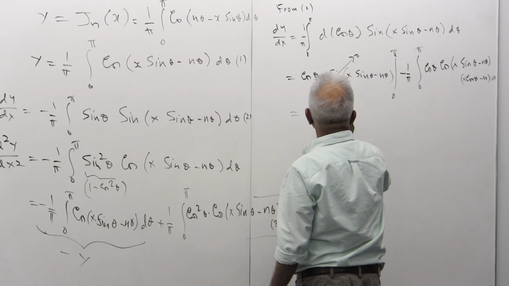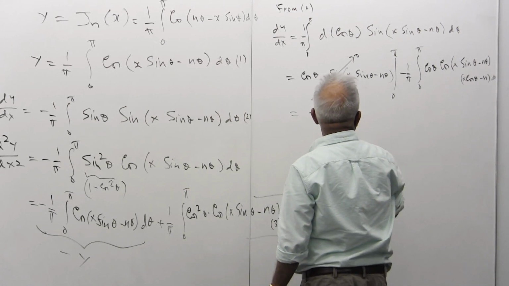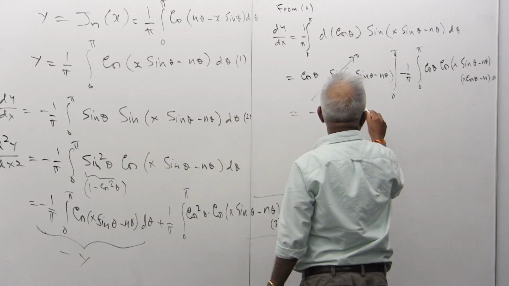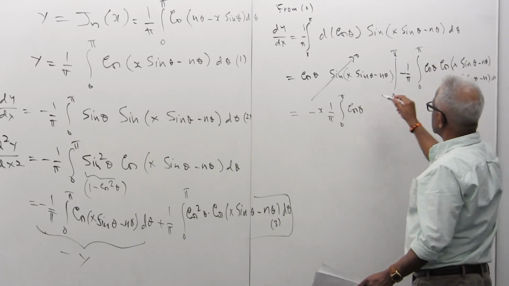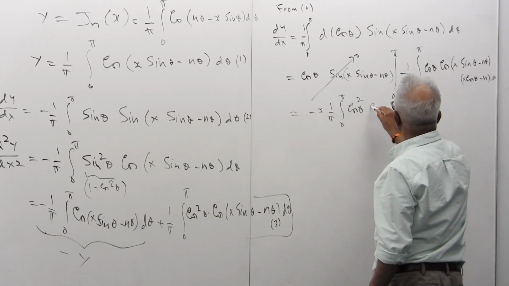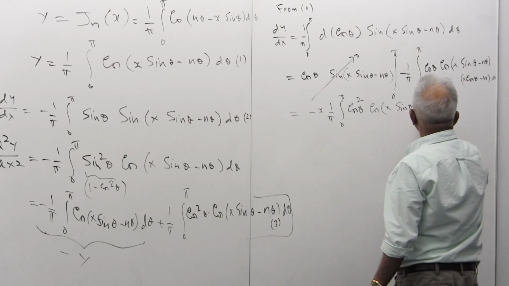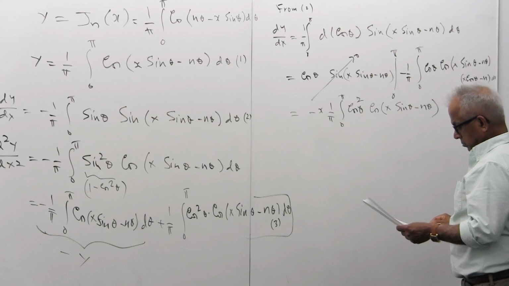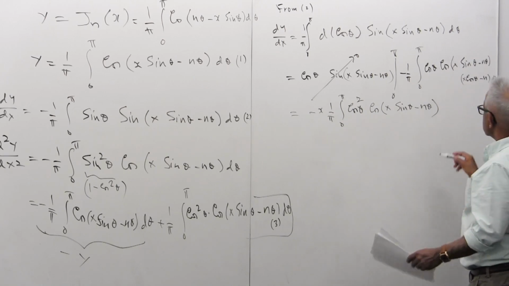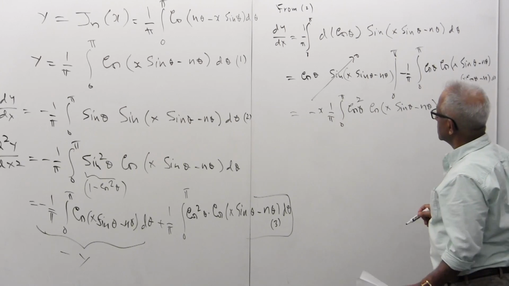So minus x multiplied by 1 over pi 0 to pi cos theta. I'm going to write two terms. So there is a cos theta here, so cos squared theta cos of x sine theta minus n theta d theta plus one more term.